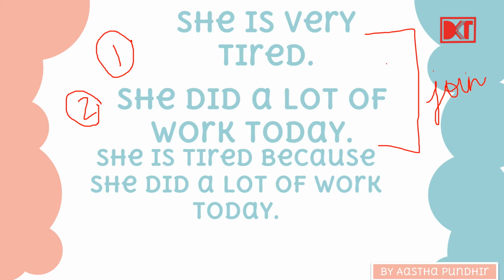Through conjunctions. Conjunctions को use करके she is tired because she did a lot of work today. ठीक है, she is tired because वो tired है क्योंकि उसने इतना सारा काम किया आज. तो जो word है यहाँ पे because ये है हमारा conjunction. क्यों? Because this is joining these two sentences together.